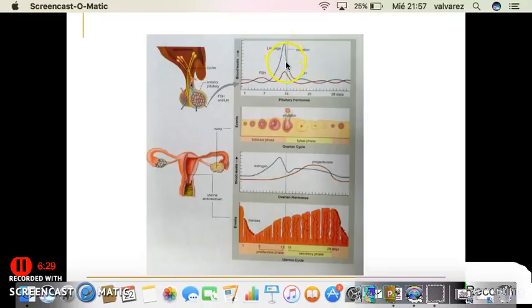LH, which is still quite high, is responsible for the transformation of these cells into the corpus luteum, and the corpus luteum is responsible for the secretion of progesterone. Because progesterone is peaking now, the walls in the endometrium are thickening even more.